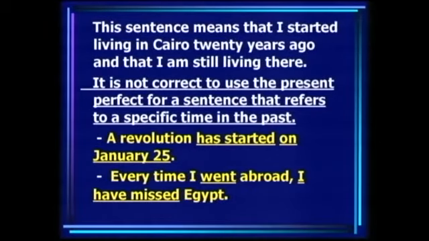A revolution has started on January 25th. طيب مش انا حددت وقت معين ده اللي هو January 25th يبقى ما اقدرش اقول has started، لازم اقول ايه؟ started. A revolution started on January 25th.